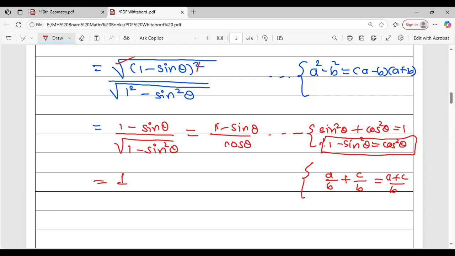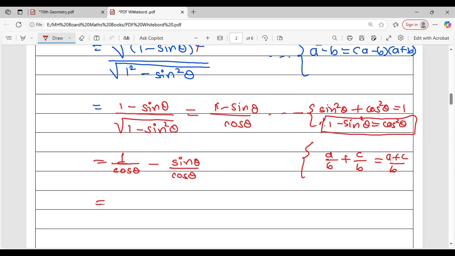It will be 1 upon cos theta minus sin theta upon cos theta. You know sin theta upon cos theta is equal to tan theta, and 1 upon cos theta is equal to sec theta.